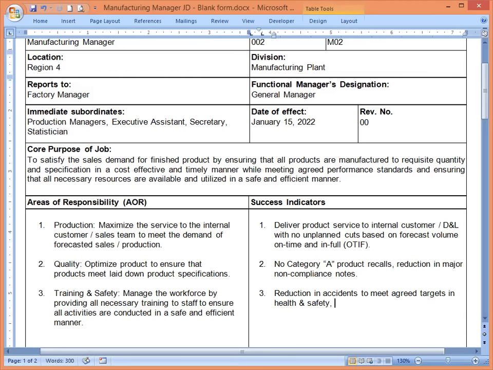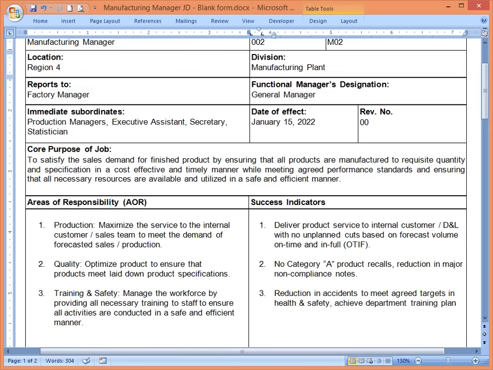Okay, we can put a comma here. Then achieve what is there to achieve. Department training plan. So this should be 100% achievement of the plan.